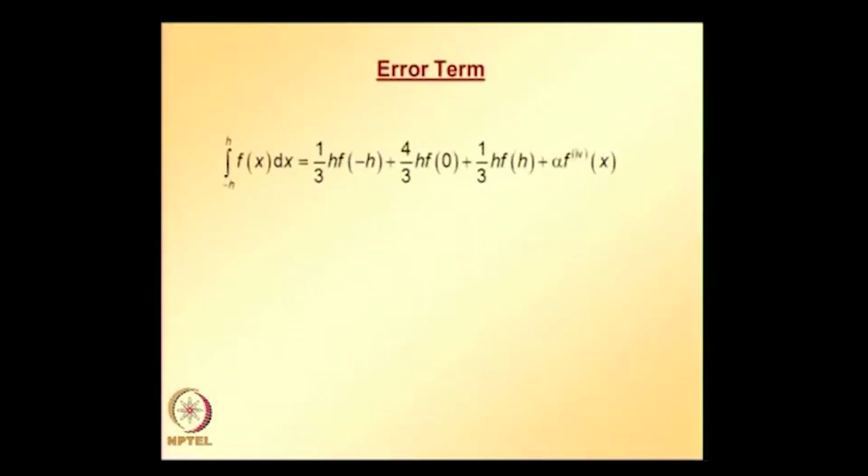Similarly, we can derive the dominant error term associated with Simpson's rule. Basically in Simpson's rule we approximated the function in this manner, where higher order terms are grouped into the form, or the dominant error term is shown as alpha times the fourth derivative of the function.